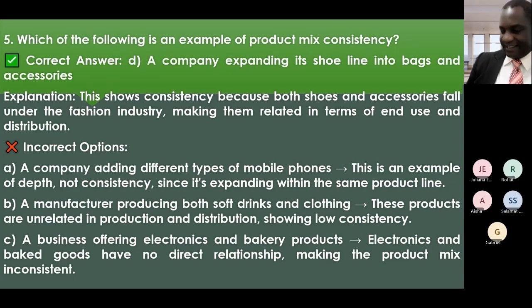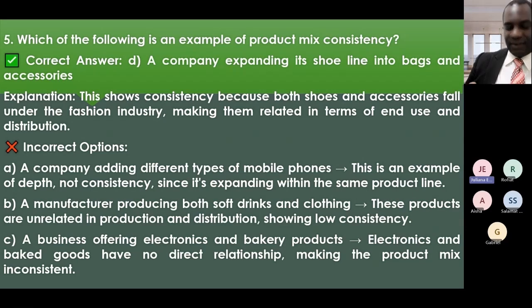Okay, so let's go back to the slide. Let's look at the options, then we'll go back to the slide so that we can see the explanation. For A, A is not the answer because a company adding different types of mobile phones is an example of depth, not consistency, since it's expanding within the same product line.